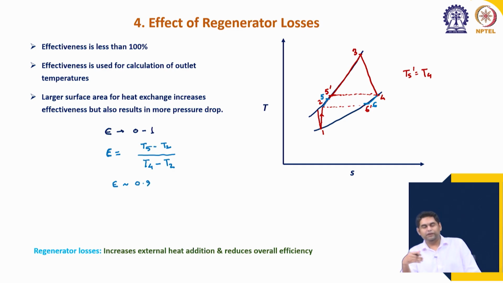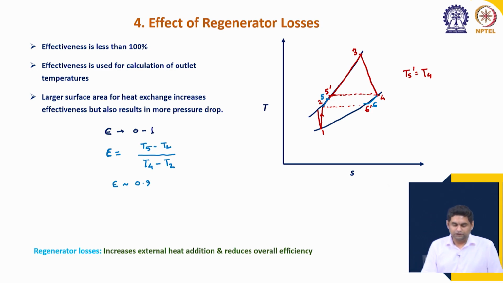We can of course by design increase this effectiveness if we have a larger surface area and we allow more time for heat transfer, but that will come at the cost of much more pressure losses, higher capital cost of manufacturing the regenerator, and also we cannot have more time because the time is dictated by how fast the entire cycle needs to be.